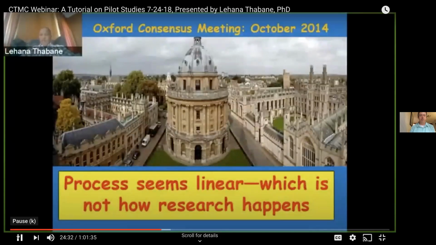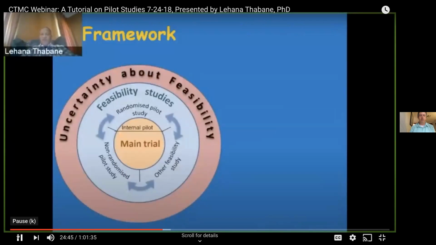Instead of actually having it linear, rather, we should make it more cyclic, which is really how the research happens, but focus more on the one for randomized controlled trials. So our framework changed to say, when you have uncertainty about the main studies, you could do small non-randomized studies to actually assess other aspects of feasibility where randomization may not actually be necessary.